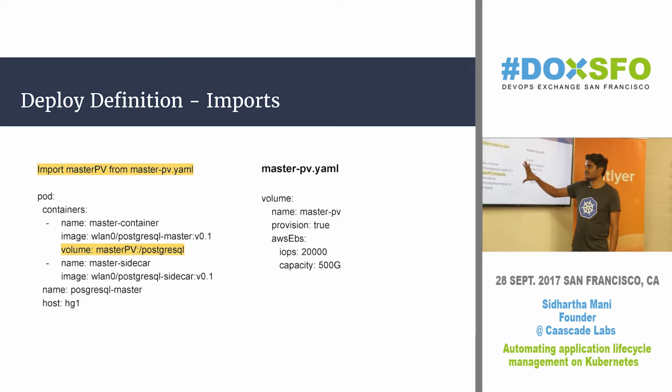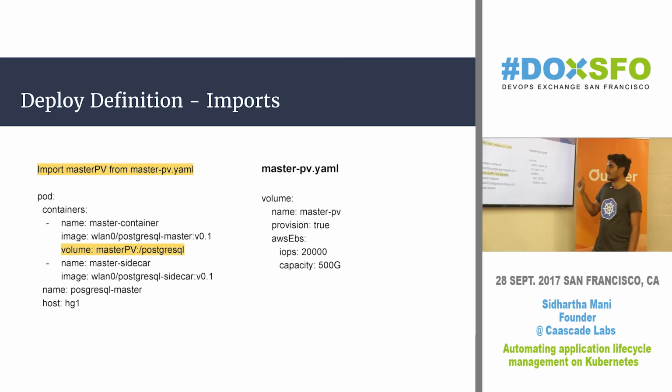In this shorthand syntax, you can import another YAML file, and using the import, you can easily mount the volume from the imported file, and it also lets me do correctness checks on it. In the original file, if you created a persistent volume and ran the pod, it would work, but if you forgot to create the persistent volume, the pod won't get scheduled. But in this, I can reason and say, okay, this requires a persistent volume to be created. It'll go check if the persistent volume exists. If not, it creates it.